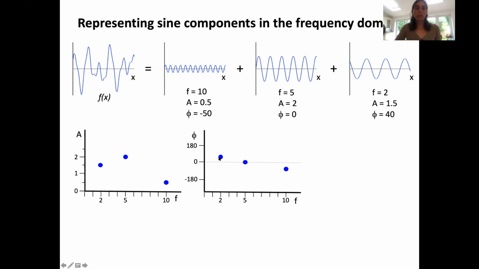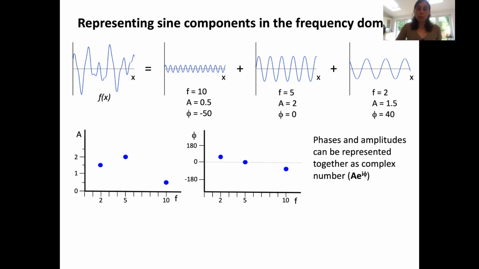And we have that for frequency 2, the phase of the corresponding wave is -50, 0, and 40, etc. Okay, so basically these two plots together convey exactly the same information that is in the original function. Okay, we can go back and forth from one to the other. They say exactly the same thing.